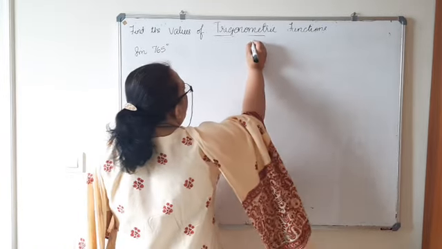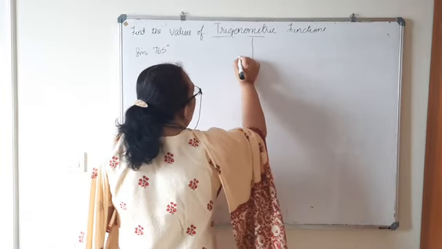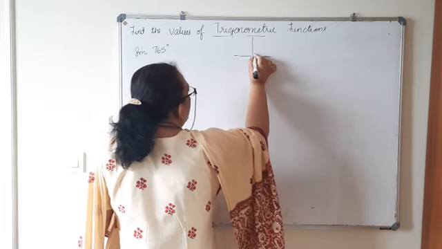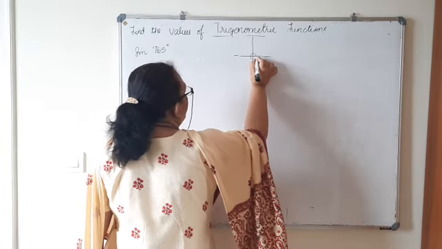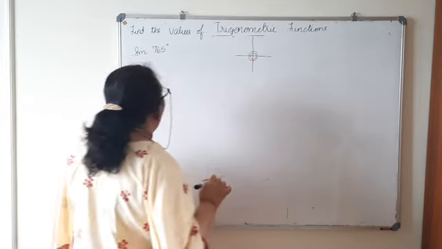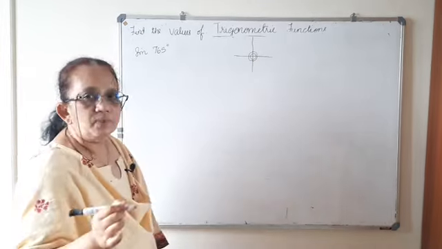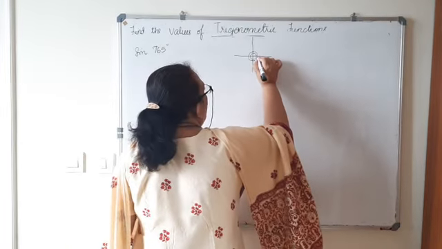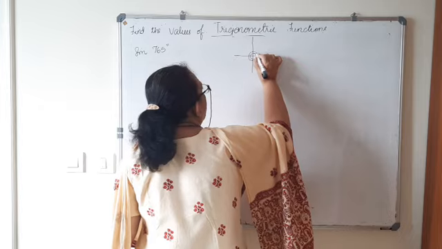So here is an easy method for you. You draw the x and y axis. One complete rotation is 360 degrees, then 720 degrees. 720 plus what gives you 765? 45 degrees. So this will be the 45 degrees.